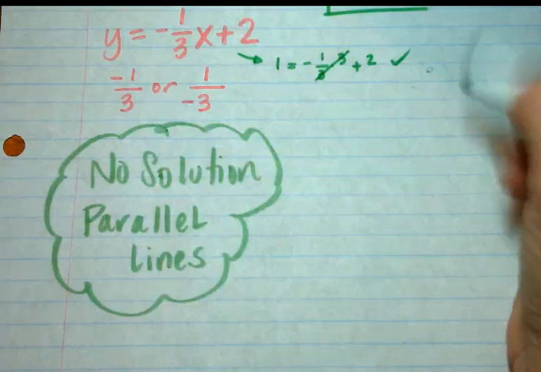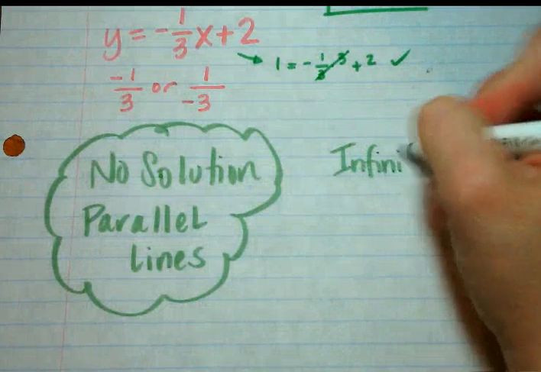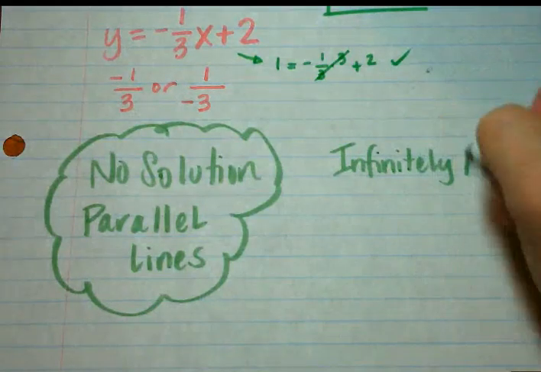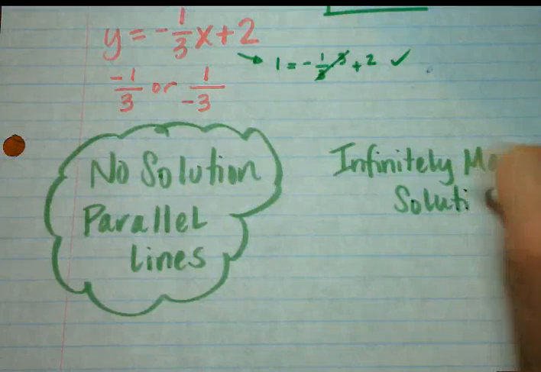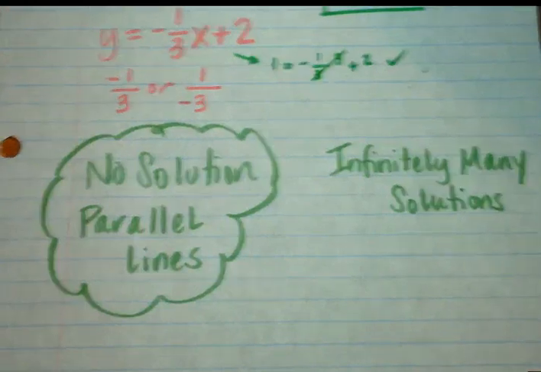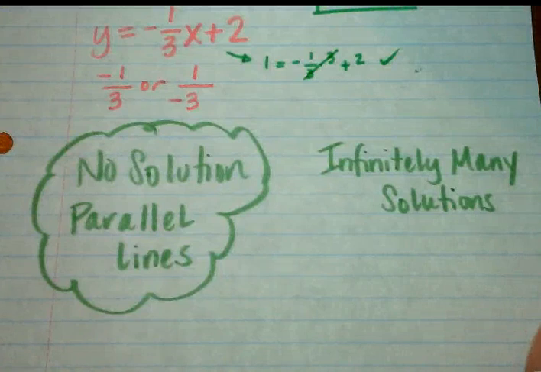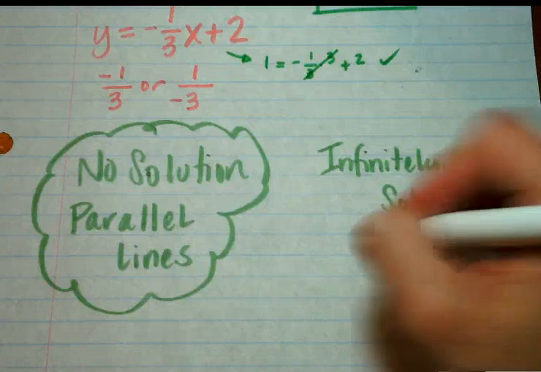All right, the other type is infinitely many solutions. And basically what that means is that there are too many solutions to name. The only way that we would have 2 lines meet at more than one point would be if they were the same line.